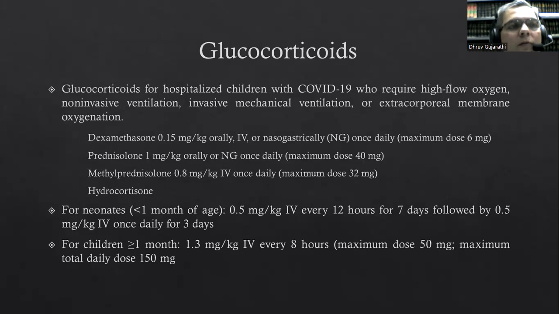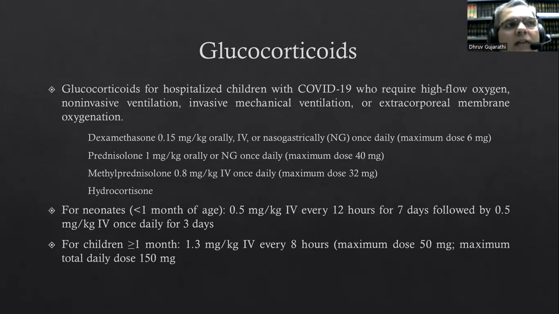We have spoken of this, that we need to give steroid support, dexamethasone support to each and every child who is hospitalized for oxygen support. If the oxygen requirement is increasing, or if the child is on ventilation support, we need to give him steroids.